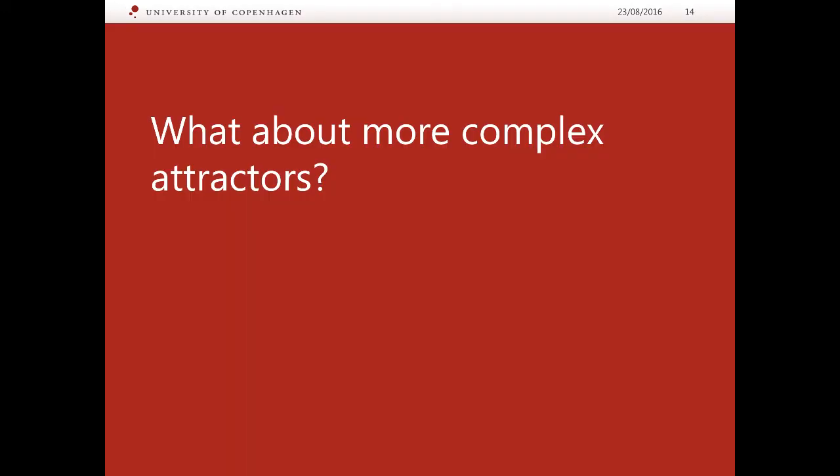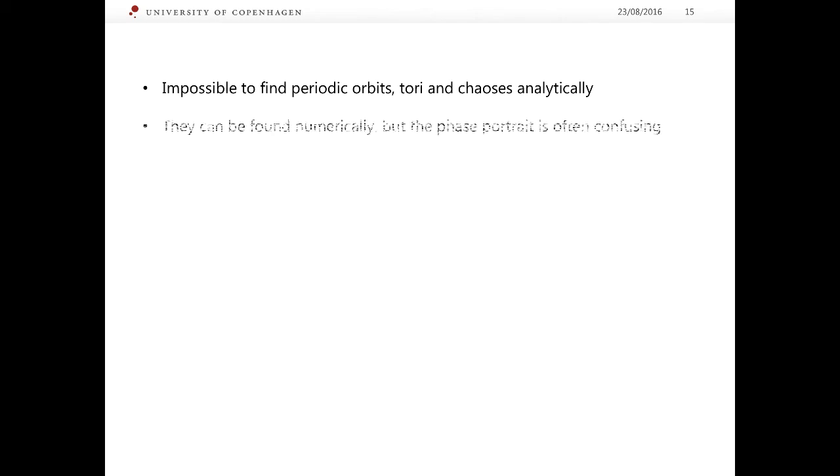We considered fixed points and their stability, but it would be interesting to discuss some more complex attractors. Unfortunately, it appears to be virtually impossible to find more complex attractors, such as periodic orbits, tori, and chaoses, analytically.